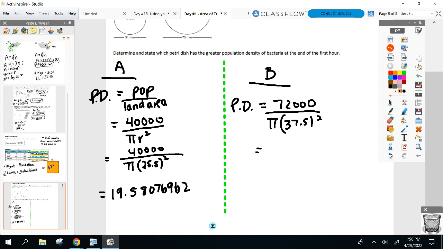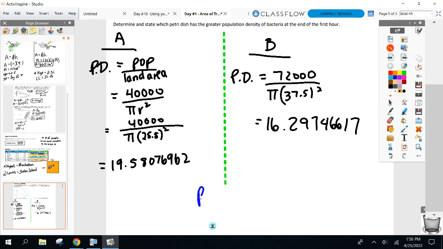And population density of Petri dish B would be 16.297. So we could see, hey, Petri dish A, highest density.